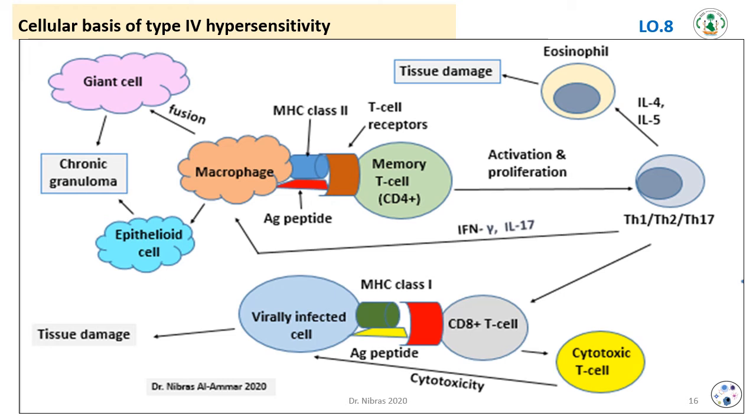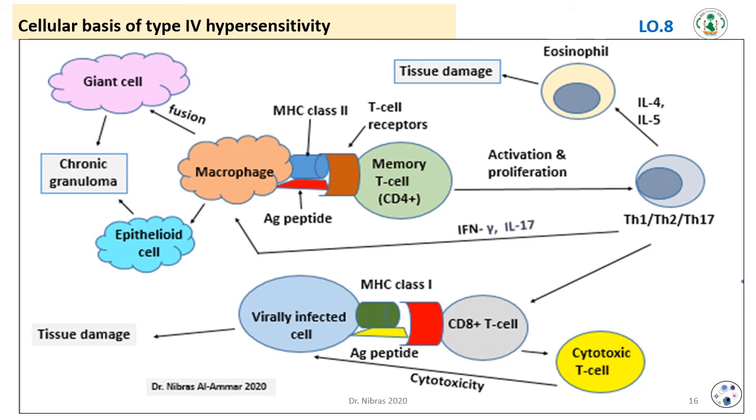A giant cell is a large number of macrophages that fuse to form a multinucleated macrophage, referred to as giant cells, leading to formation of chronic granuloma.